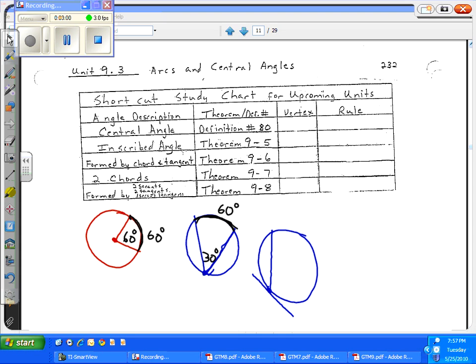If we had a chord and a tangent, then the angle formed by that chord and tangent is half the measure of the intercepted arc. So if this arc out here was 300 degrees, then this angle would be 150 degrees. That angle, and I'm going to draw it in red, the angle formed by that tangent and that chord.